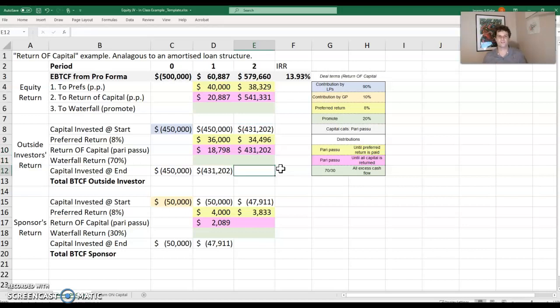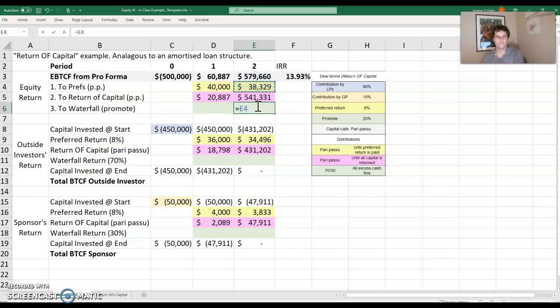So in this phase, we pay them back. Likewise, we pay our outside investors back what is outstanding, so that the capital invested at the end is going to be nothing. Now, you'll notice we still have money left over.